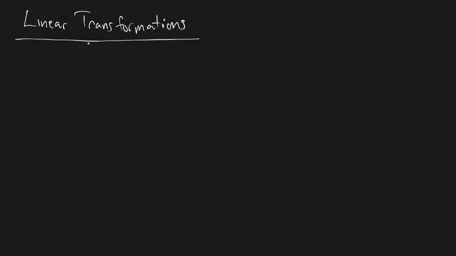Let's define what a linear transformation is. So let T be a transformation from Rn to Rm, right? And again, so now we know what this notation is saying.